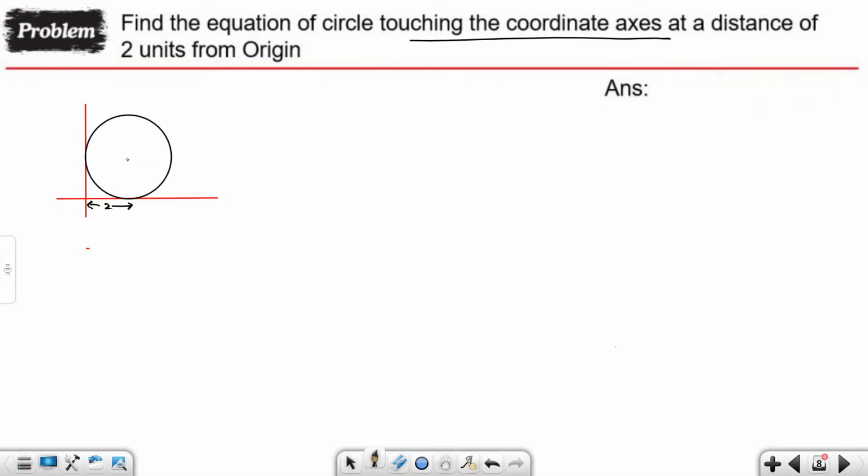So your center will be what? When it is touching both the axes and the distance from the origin to the point of contact with the x-axis is 2, as given in the question, your center will be nothing but 2, 2, and the radius will be 2 only.